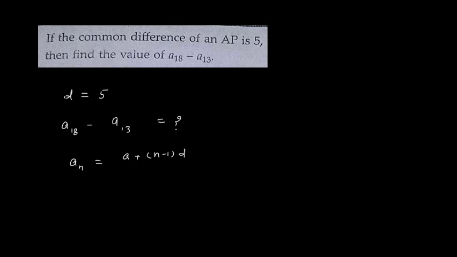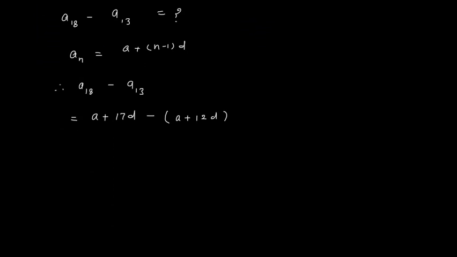So in place of An, if I write A18 minus A13 directly, then this will be equal to A18, you can write as A plus 17D, because An is A plus (n minus 1) D and 18 minus 1 becomes 17. Minus A13, which becomes A plus 12D. Okay, fine.